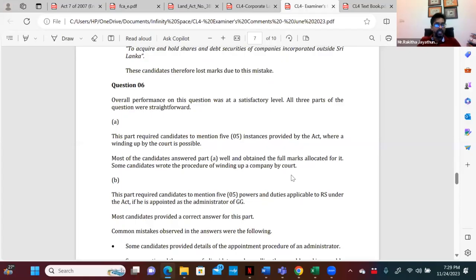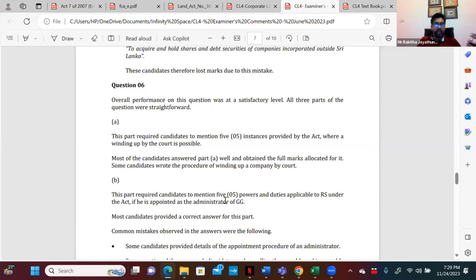When the question clearly says the instances where a company can be wound up by a court order, why waste your time explaining the procedure of winding up a company by a court order? Simply reading the question carefully will save your time, and save you from making blunders like this.